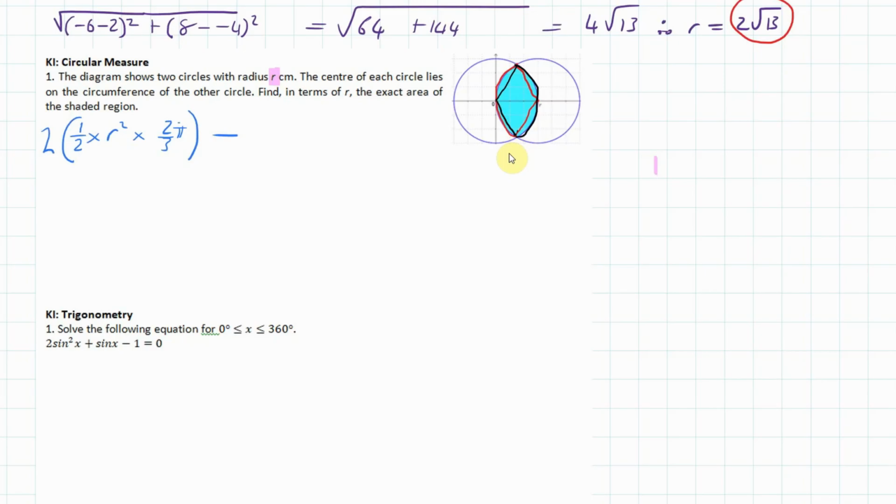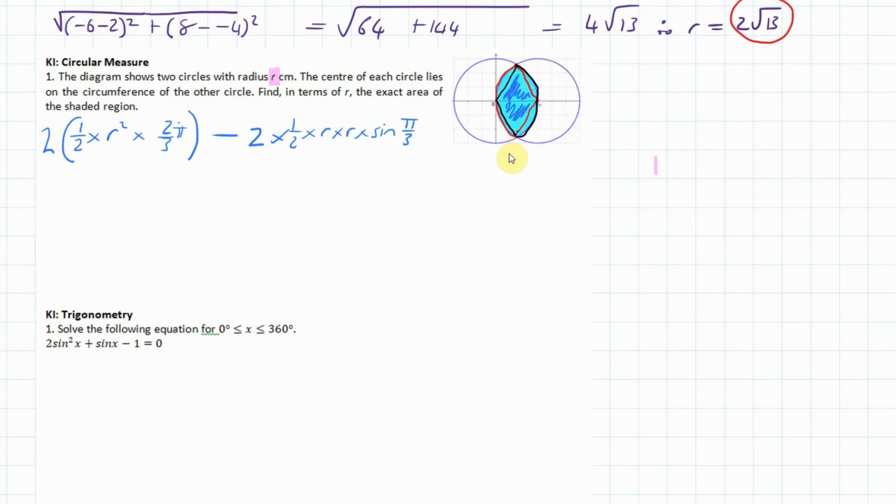Then we're going to take away this middle blue bit here, which is made up of two equilateral triangles. 2 times half, and then all of these sides are r, so half a times b times sine 60, which is pi over 3, sorry, not pi over 6. So you need to get good at working with your radians there.